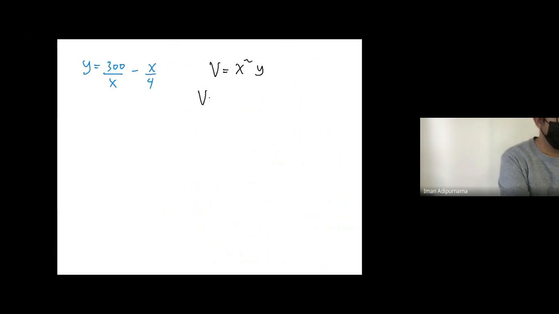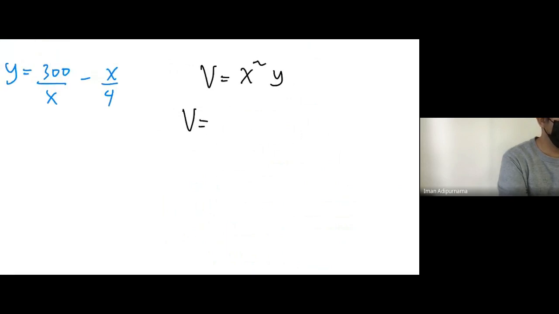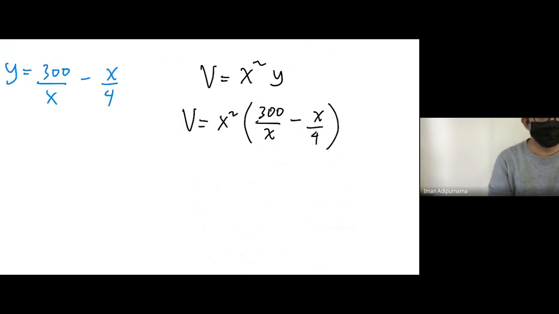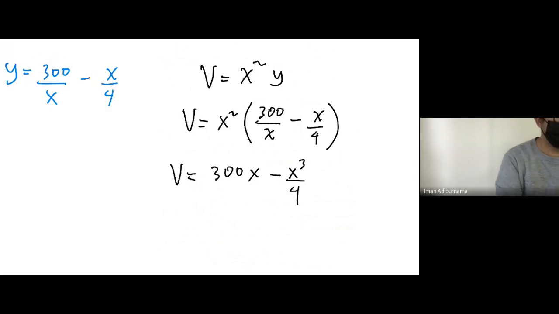We substitute y: x squared times 300 over x minus x over 4. And the volume will be 300x minus x cubed over 4.